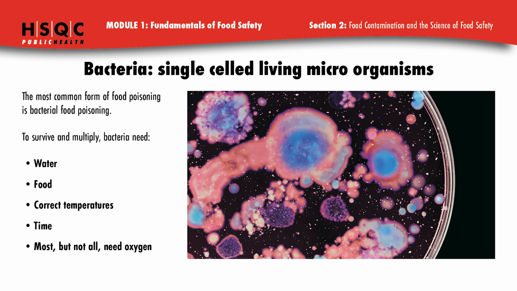Bacteria are single-celled living microorganisms. The most common form of food poisoning is bacterial food poisoning. To survive and multiply, bacteria need water, food, correct temperatures, time. Most, but not all, need oxygen.